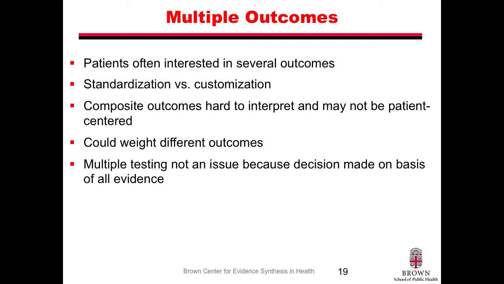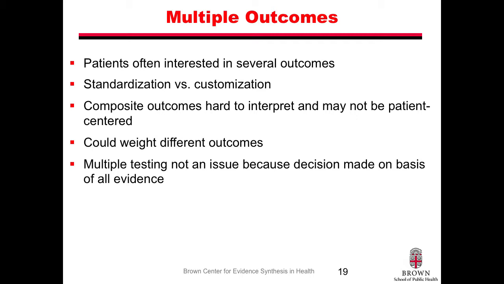For example, a very common one in cardiology is major events where you combine the number of heart attacks and the number of strokes and the number of cases of heart failure or whatever, hospitalizations, and you put that all together into one outcome. But of course, that's assuming that all those events are equally important. And so that may or may not be what the individual is interested in.